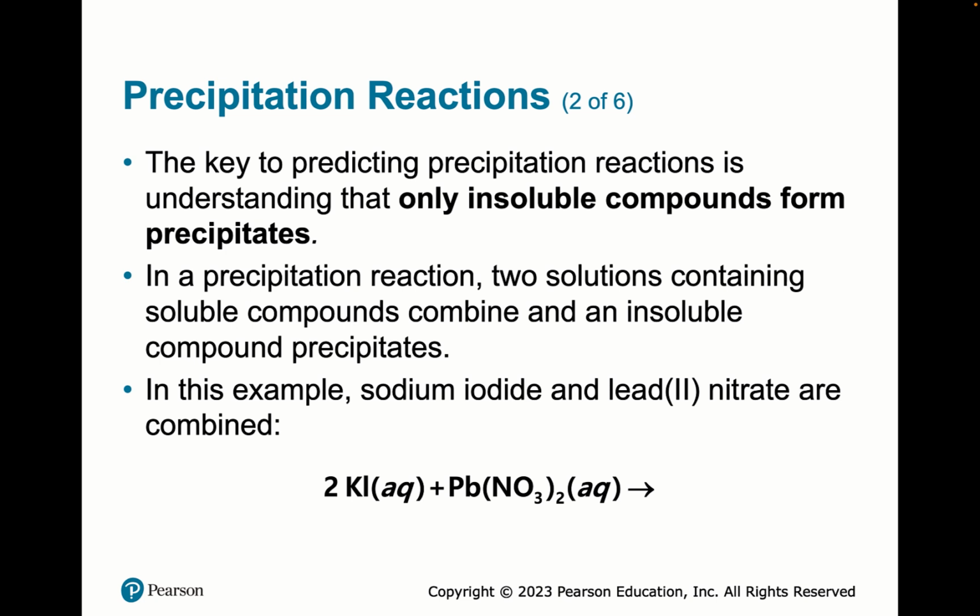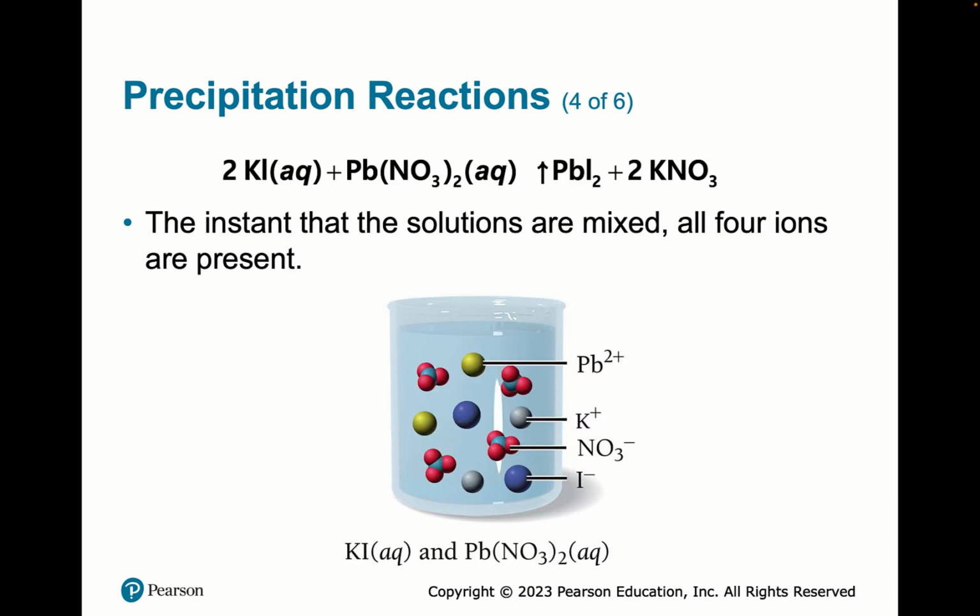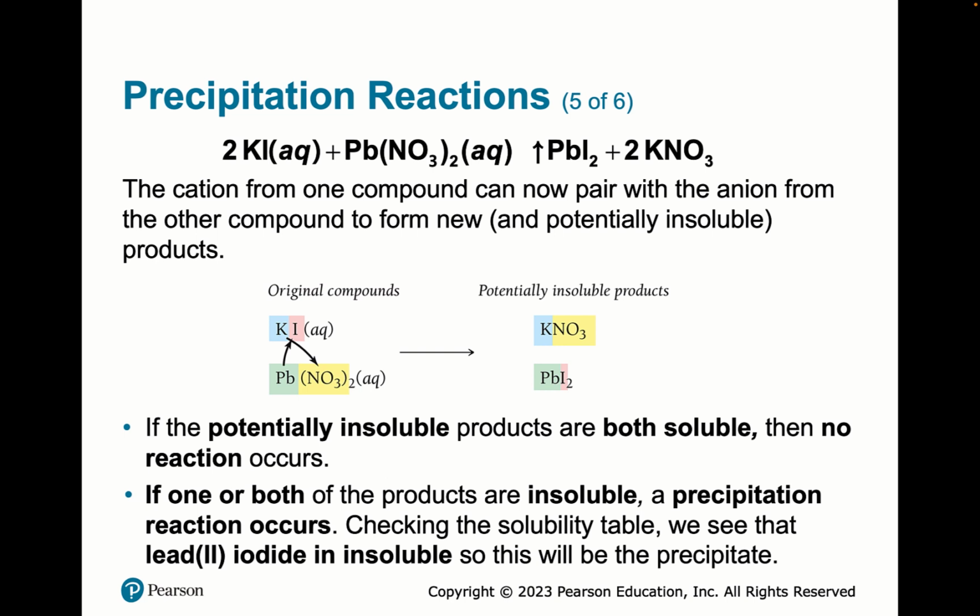From the previous example, you have these two solutions that are just fine sitting on their own, but when you mix them, the lead and the iodide come together and form a precipitate. Actually, the arrow is in the wrong place. The old school way was to have the arrow going down. An arrow going up means gas evolution, so this is a mistake in the slide.